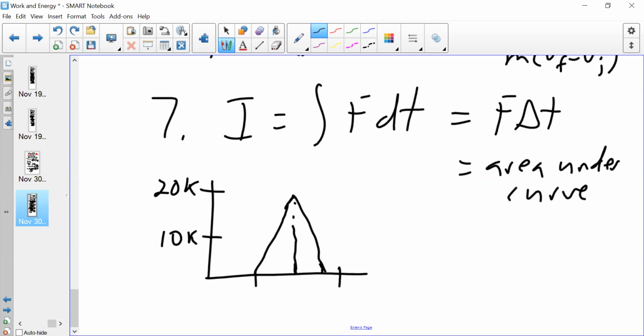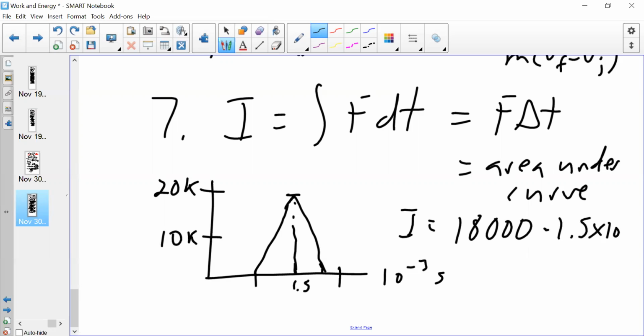This splits at 1.5, and it's in milliseconds, so 10 to the minus 3 seconds. This is the 1.5 mark, and this height is 18,000. So the impulse is going to be 18,000, the peak there, multiplied by 1.5 times 10 to the minus 3, and you double it because it's 2 of the same triangles.